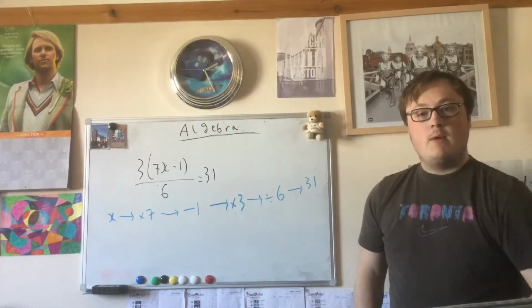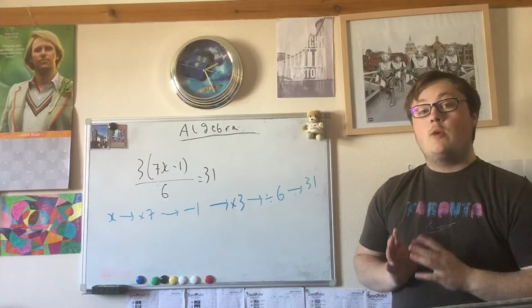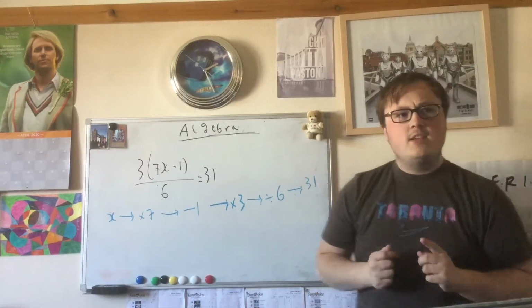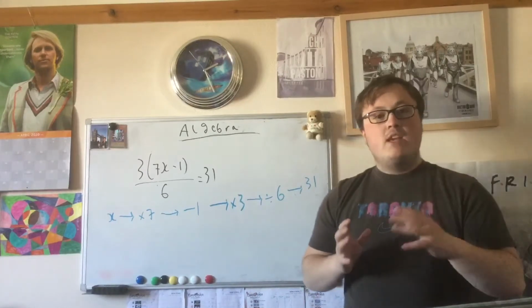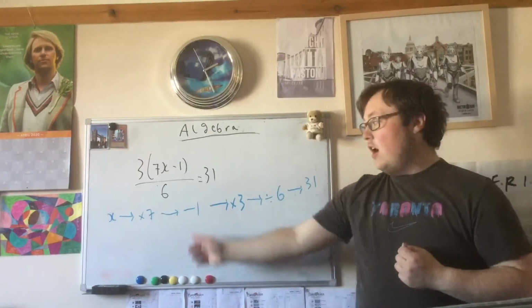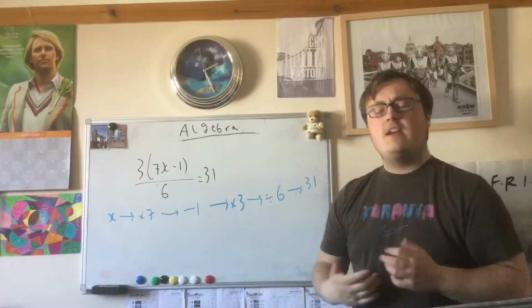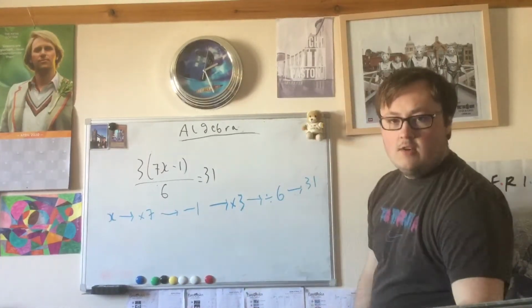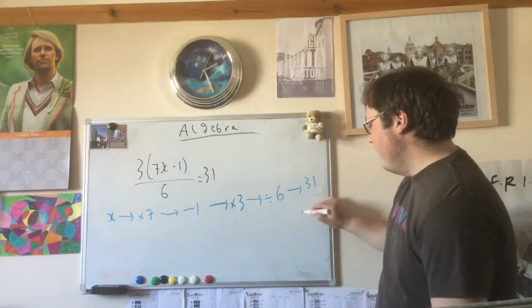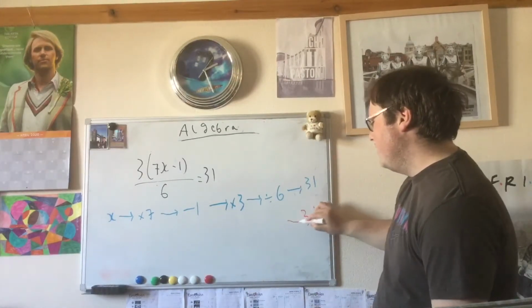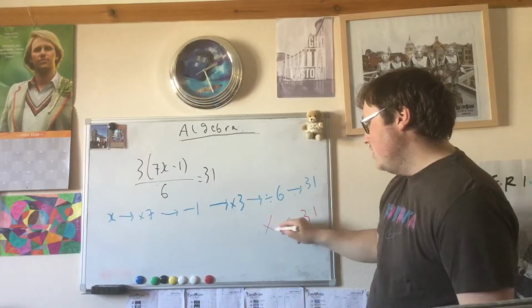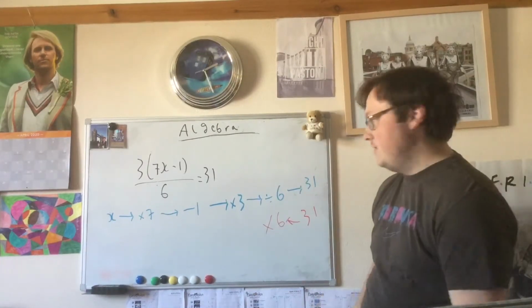Now yesterday we were going over algebra and I was showing you how to solve problems like this with a flowchart, and I set you the challenge of how we can reverse the process. I've done the first part of the flowchart, but now let's reverse it to find the original value, what x was. So let's do it. If we have 31 and we're reversing it, instead of dividing by 6, we are timesing by 6.